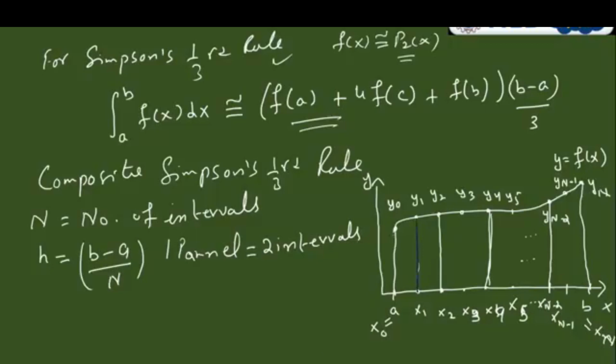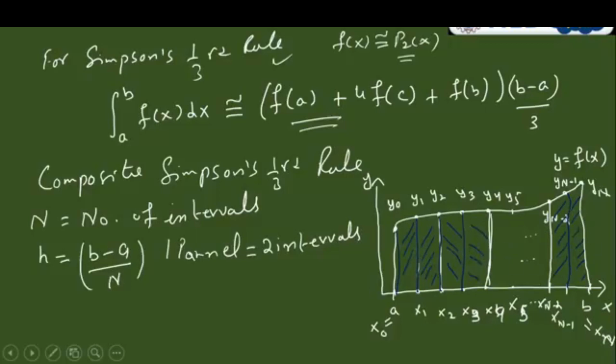If I draw this, it means that I am combining these two intervals. Similarly, in between these two, this is one panel, this other panel. Similarly, if I continue till the last, I will get other panels. Okay, so two intervals equal to one panel, two intervals equal to one panel, and so on.